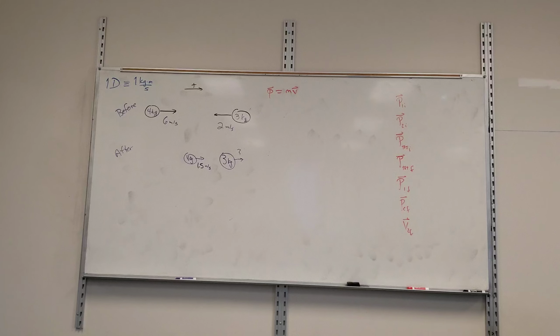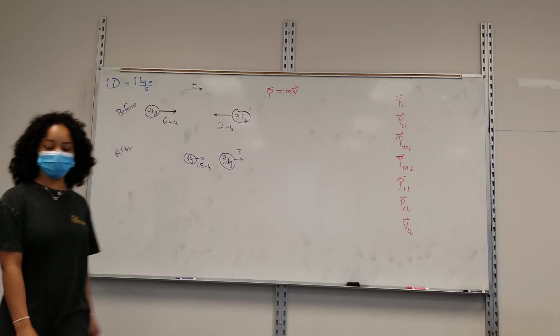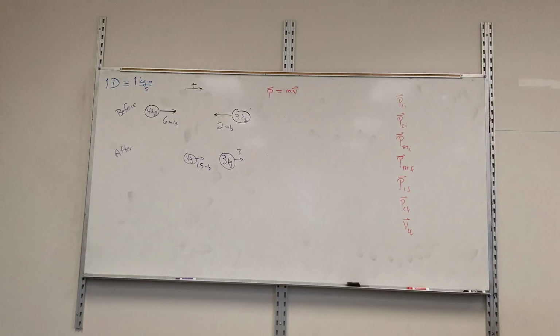You now find the momentum of the 4 kilogram mass, because I gave you mass and velocity. Now, what does the momentum of the 3 kilogram mass need to be so that that's the total? I think you said that.